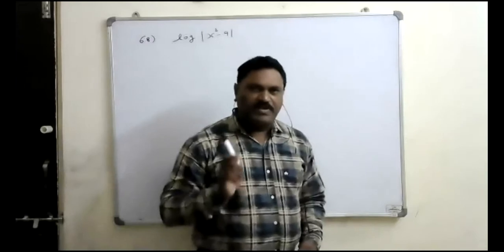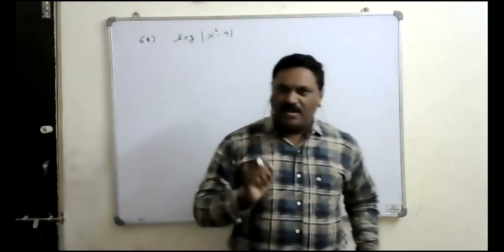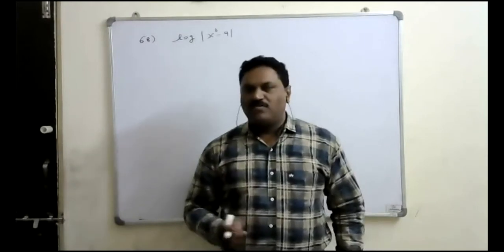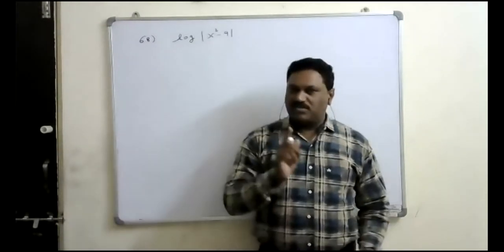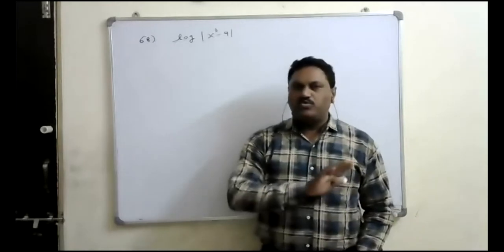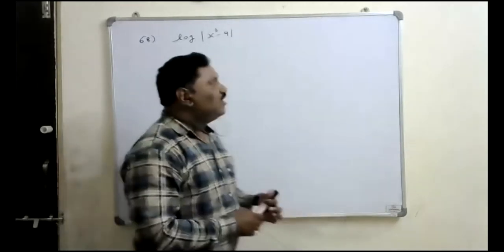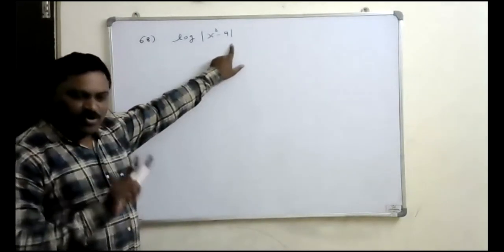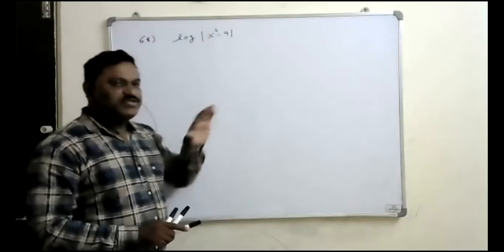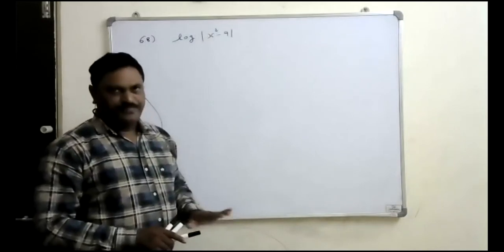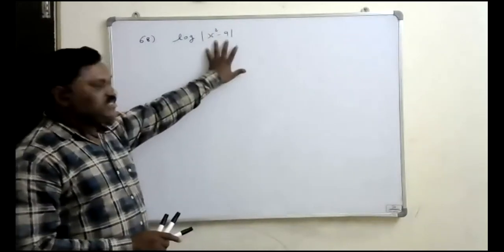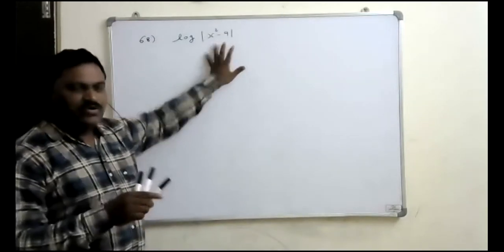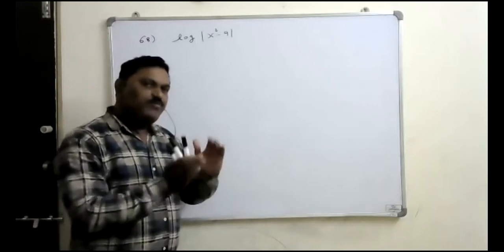Since it is a logarithmic function, inside the logarithm we have to take positive values only. For negative values and for zero, log is not defined. If you observe this function, there is a modulus. A modulus always gives a positive value only. So here you need not worry about the negative, because even if x square minus 9 is negative, because of the modulus it becomes positive.